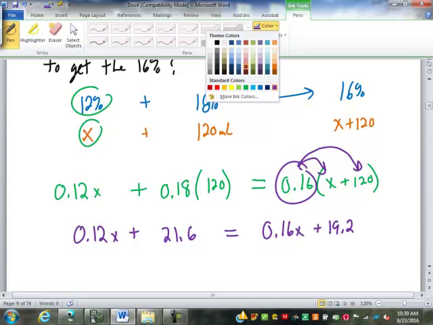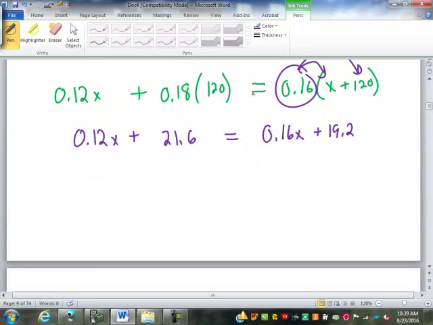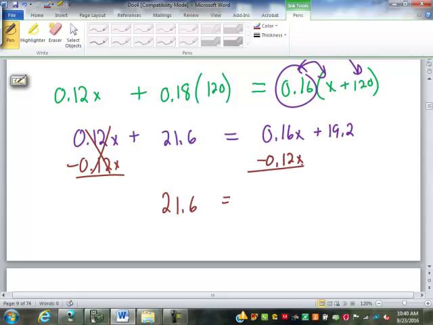And now we just have an equation to solve. We have x on each side, so I have to get rid of one of them. Which one are we going to get rid of, the 0.12x or the 0.16x? We get rid of the smaller one, the 0.12x. So that's gone. All we have left is 21.6 on the left side. We have to take 0.12x away from the other side as well. The only thing we can take it away from is the other x's. So from the 0.16x, so 0.04x.